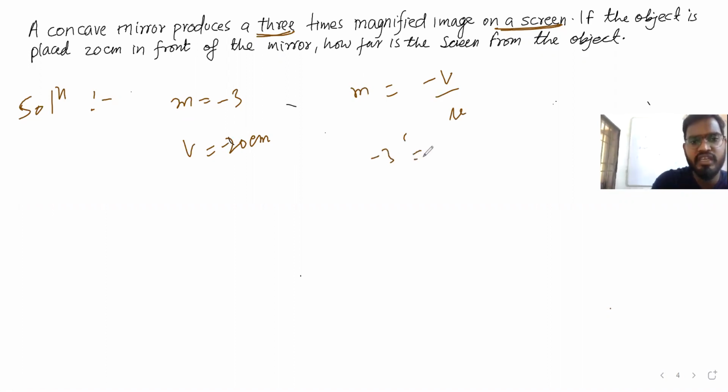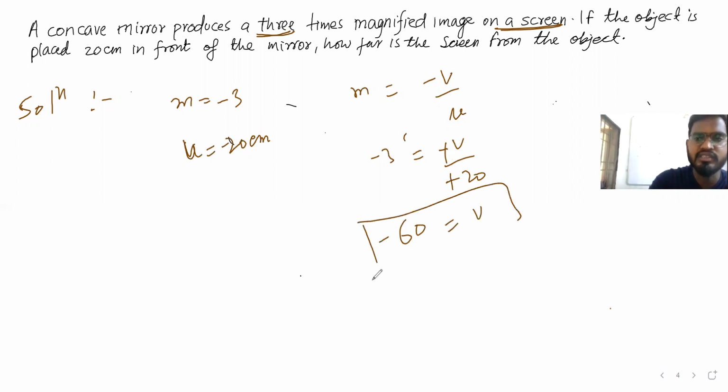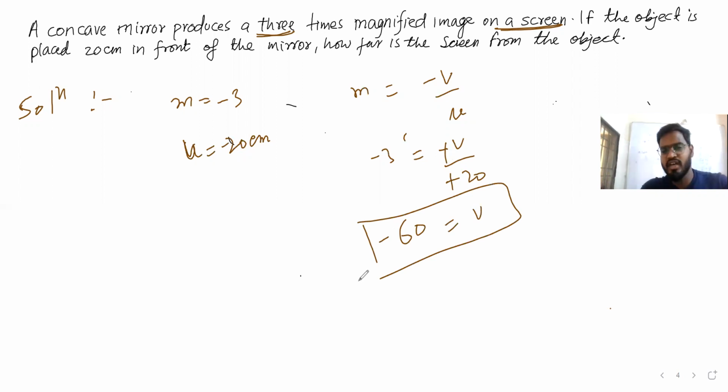Magnification is -3, u is -20, and then minus v by -20, minus cancels out, so -60 is the image distance. But they are asking, if the object is placed 20 in front of a concave mirror, how far is the screen from the object? So directly we can say 60, -60. So that we understood, right?